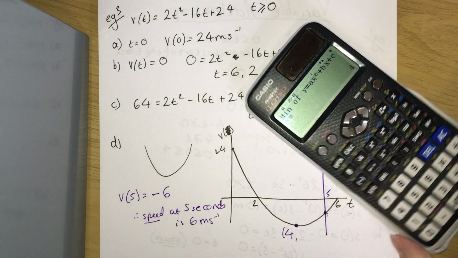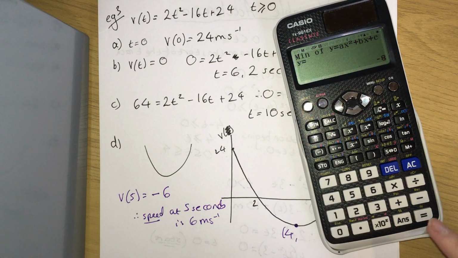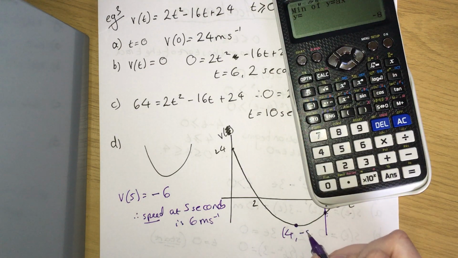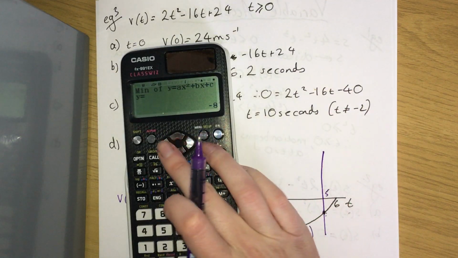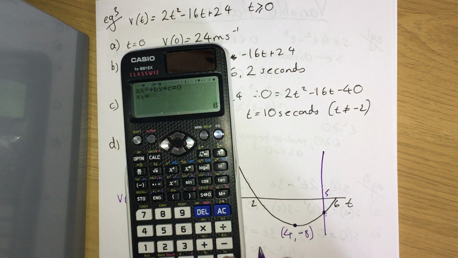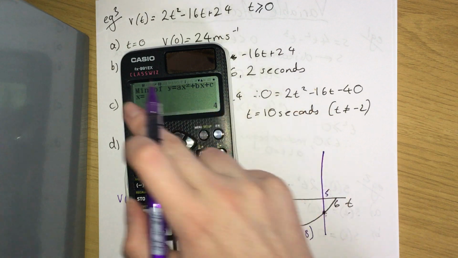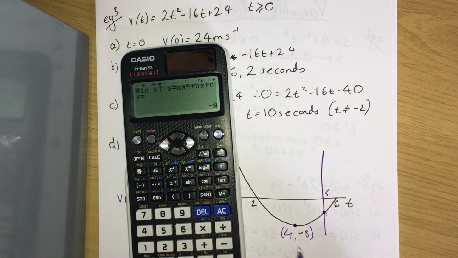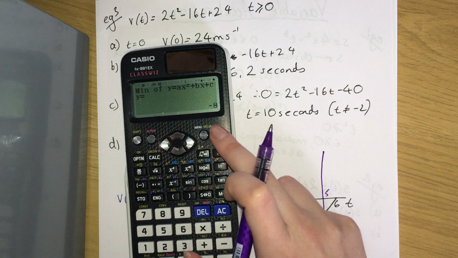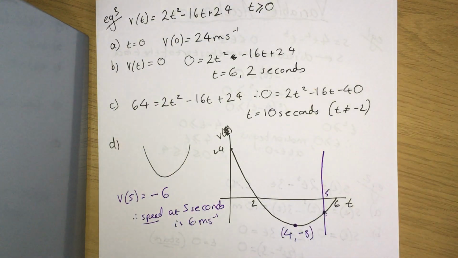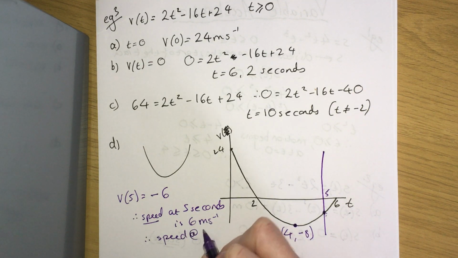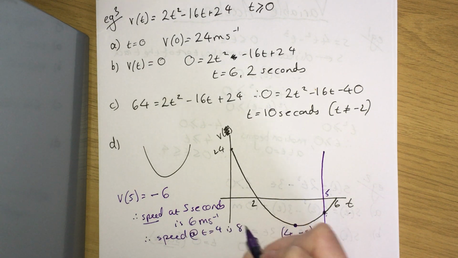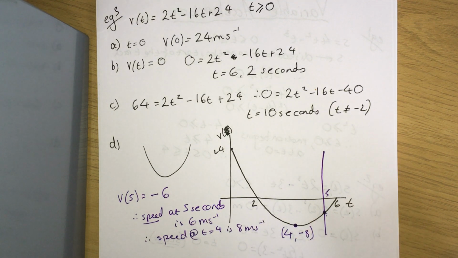So it occurs at x is 4, and y is -8. If you press equals, go through. Minimum of this function is x is 4 and y is -8. So therefore, the speed at t equals 4 is 8 meters per second.